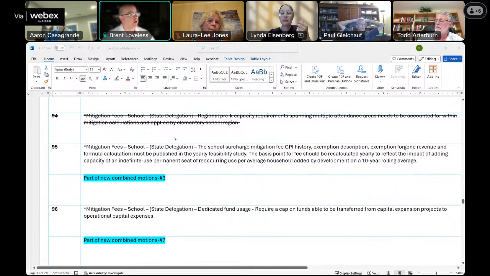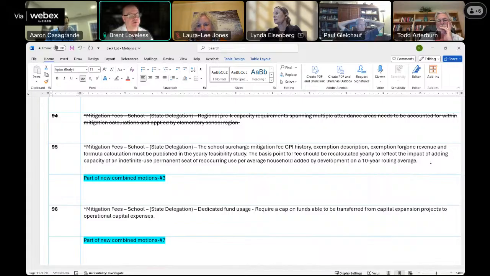All right. 95, a motion. The school surcharge mitigation fee, CPI history, exemption description, a foregone revenue formula calculation must be published yearly, again, not a feasibility study, but its equivalent.